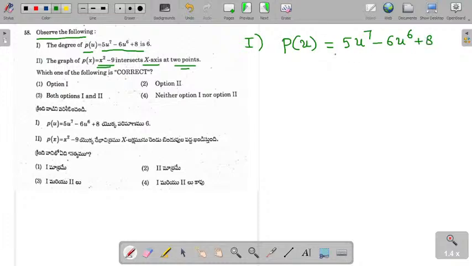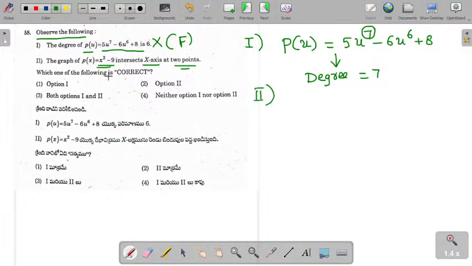So what is the degree? The degree of this polynomial in u is equal to the highest power, 7. But what is given? 6 is given. That means the first one is a false statement.